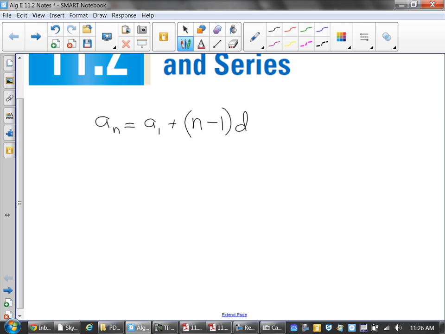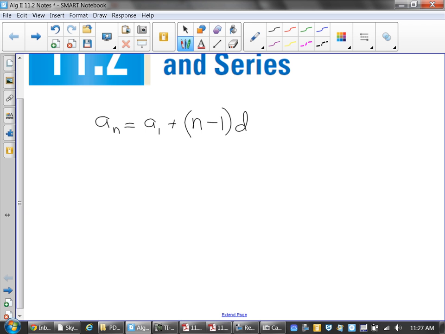As long as they are the same difference every time, it is arithmetic. Going up by 3, going up by 7, going down by 4, whatever it might be. These arithmetic sequences, we always fall back to the same formula over and over again. We use it in many different ways. So we have a sub n is your first term, plus the n minus 1 times your difference.